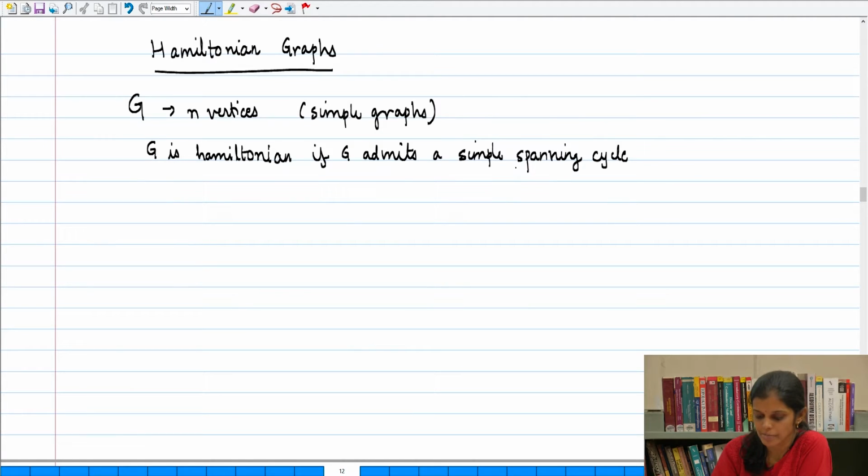What do we understand by a spanning cycle? A cycle that covers all the vertices. It is simple, it goes over every vertex exactly once. It starts at some vertex and ends back at the same vertex. So this is the definition of a graph being Hamiltonian. If it does not admit such a cycle, it is non-Hamiltonian.